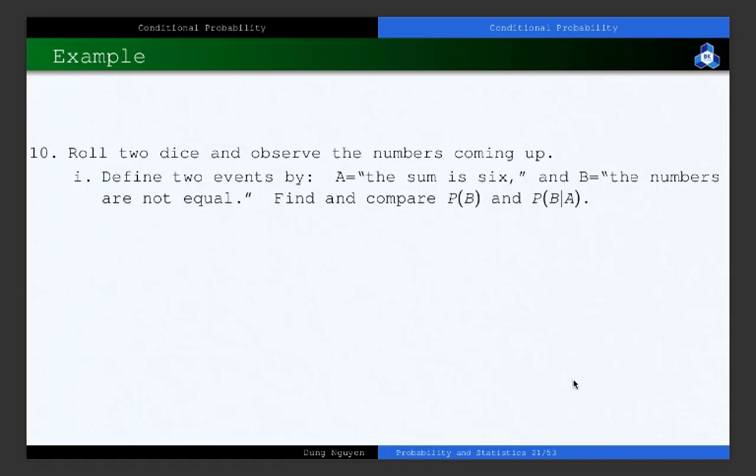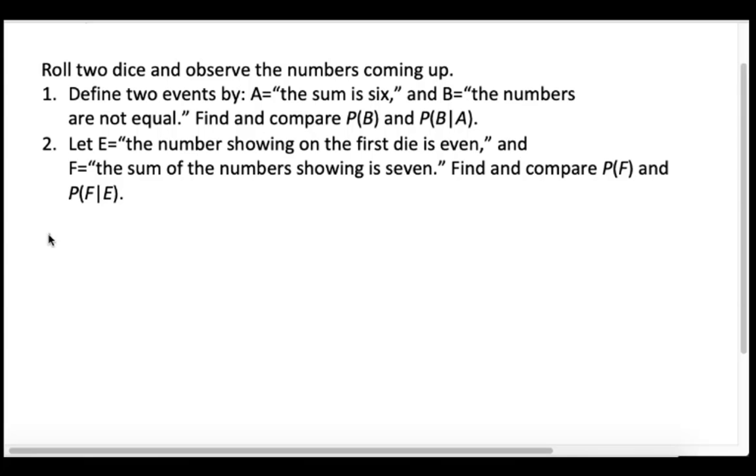Find and compare the probability of B and the conditional probability of B given A. The probability of A is, when you roll 2 dice, so sum is 6 means that you get 1 and 5, 5 and 1, 2 and 4, 4 and 2, 3 and 3. So this becomes 5 over 36, right? Okay. And how about the probability of B?